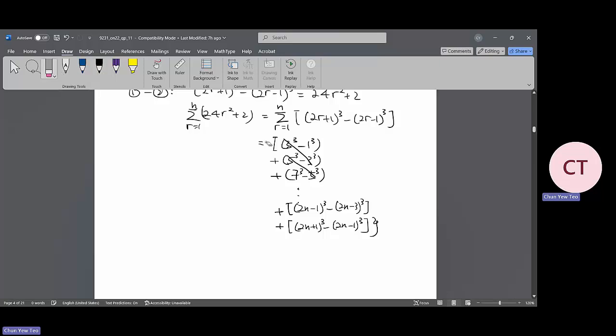Okay, so this is the expansion and this is the cancellation. The pattern continues in such a way that you will get this equal to (2n plus 1) cubed minus 1. But for the left-hand side, we need to do something as well. So we need to expand and break it into two series over here.